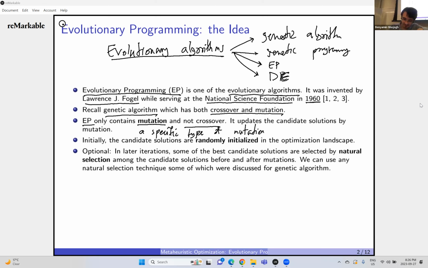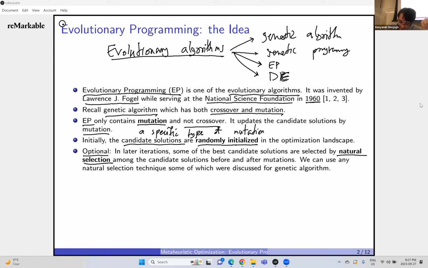It updates the candidate solutions by mutation. Initially we have random candidate solutions and they are updated by some mutation and no crossover. So the initial candidate solutions are randomly initialized in the optimization landscape. Also, optionally, in later iterations, we can have natural selection too. It's optional, right?